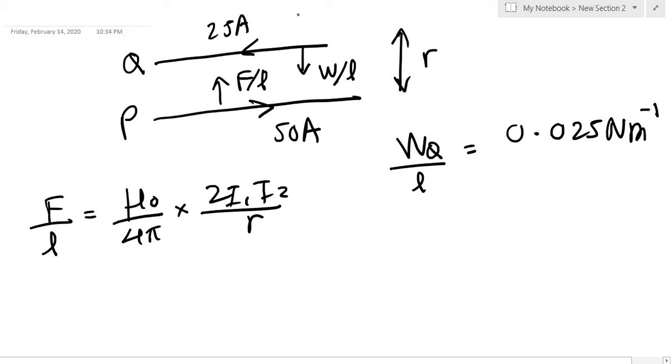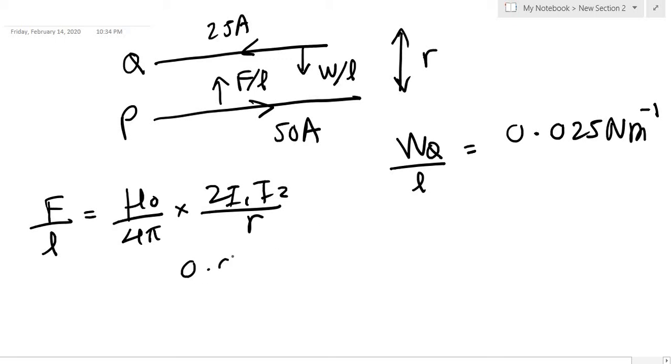Then only by Newton's second law there will be no external force acting on it, and then it will remain suspended, it will levitate. So yeah, instead of force per unit length, we want it to equal the weight per unit length.